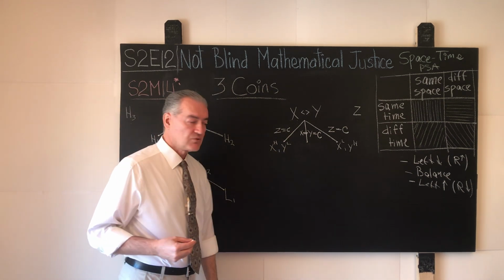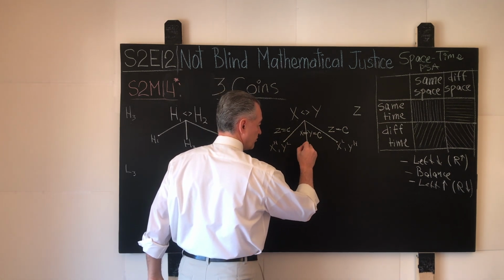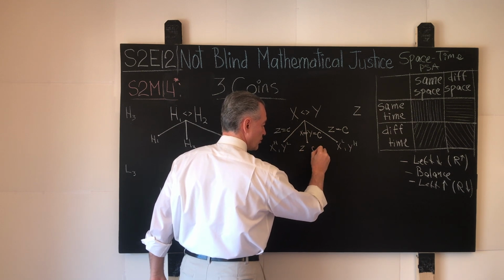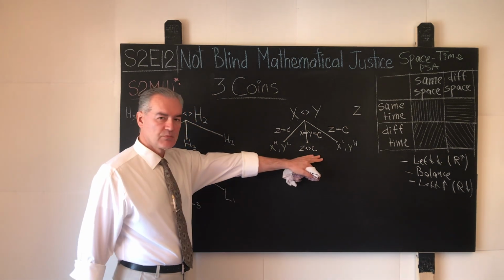Well, the answer to that question is yes. All we have to do here is, for example, put the Z coin on the left pan, put the control coin on the right pan, and perform the weighing number 2.